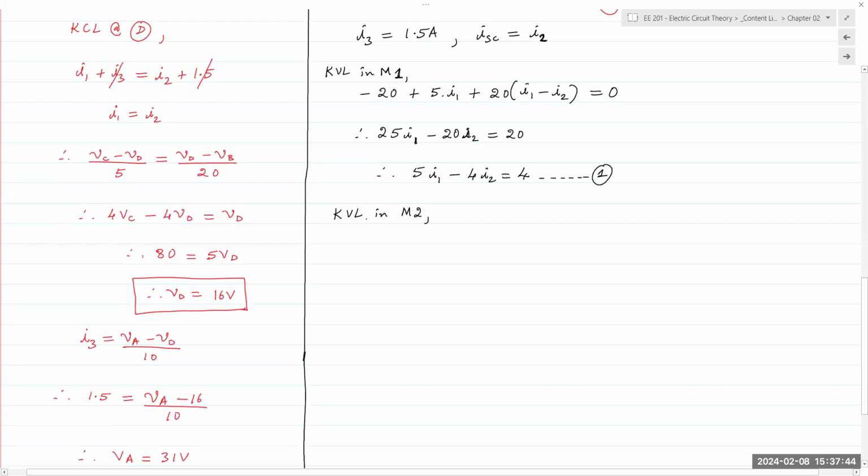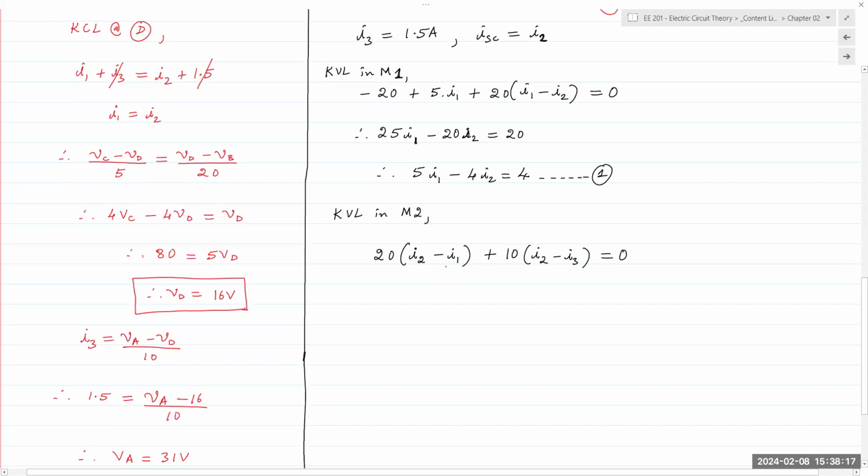So anyway, KVL in mesh 2, I'm going to write first starting from the bottom left. I have two resistances, 20 and 10 ohms. So I would have a voltage drop for the 20 ohm resistor. And this time, because I'm in mesh 2, I2 is positive, I1 is negative, and then the 10 ohm resistor has a voltage drop, again, I2 positive and I3 negative. That would be equal to 0.